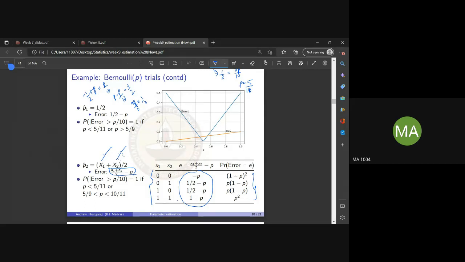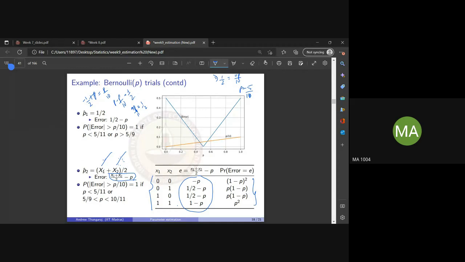Because if you look at the first example, if I give you the error, then the probability that mod of error is greater than p by 10 will be 1 for these values of p. There is no uncertainty in this probability, because the error is fixed.